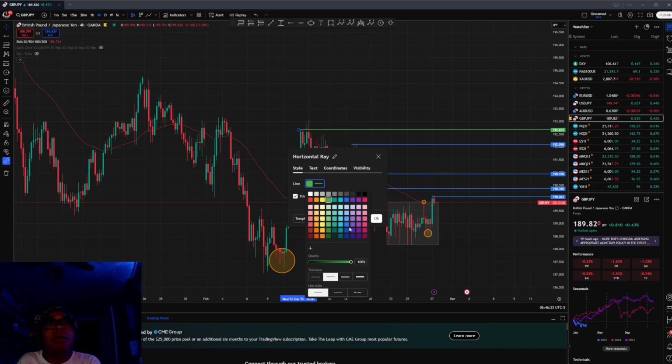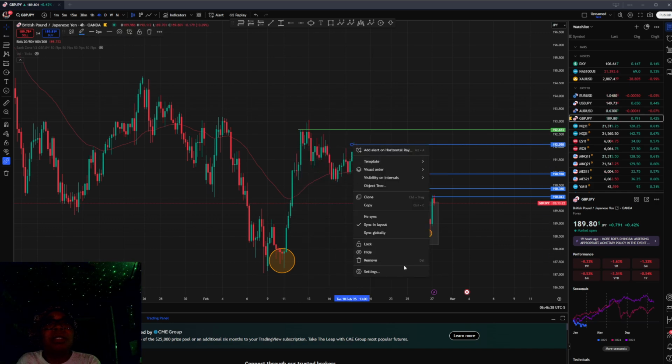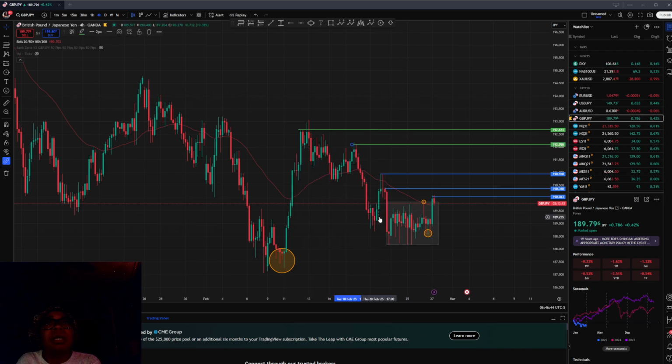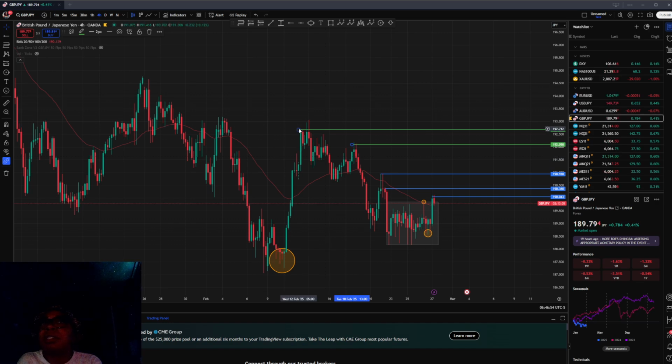If I was just going to go on a whim, I'd see how it responds at this first level here, and then reassess. And if your bias still remains the same, or there's quite a bit of volume in the market for that, then I would kind of stay until I take my first take profit and then my second take profit. So hopefully we get some bullish action in the market.